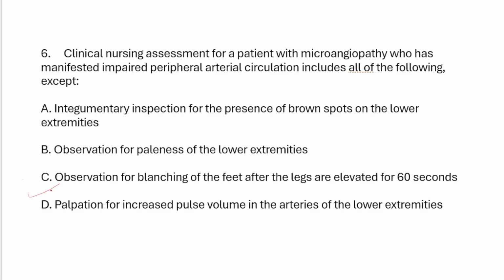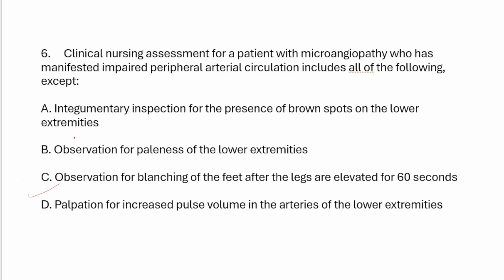So in a clinical assessment of microangiopathy, the patient has manifested impaired peripheral arterial blood circulation. So what we need to see: peripheral blood circulation is not there, meaning in the upper or lower extremities there is no blood circulation. So what will the nurse see? We have to observe all these things except this one. A. Integumentary inspection should be done.